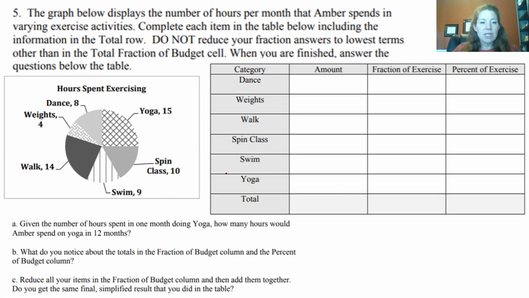So how many months are in a year? There's 12 months. So our math problem for letter A is 15 times 12. So 15 times 12 is 180 hours per year.